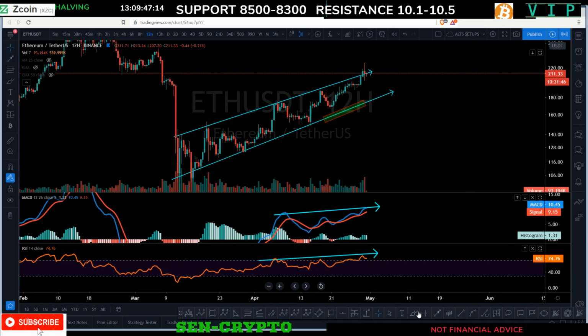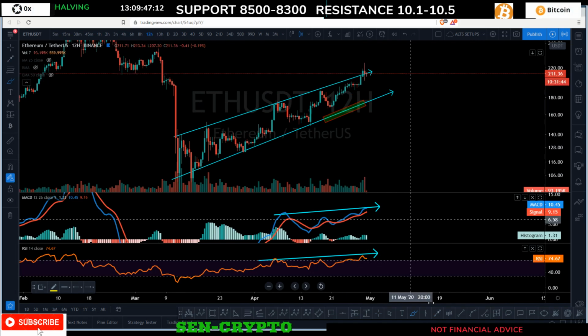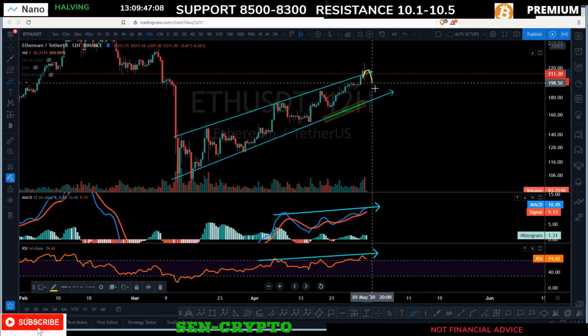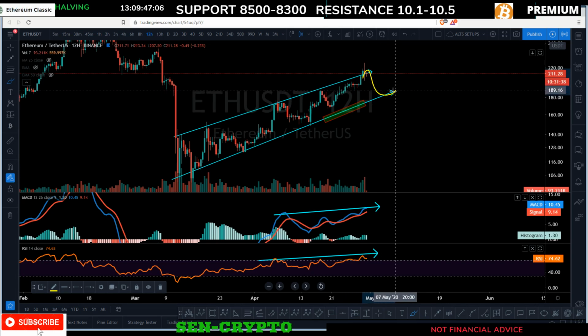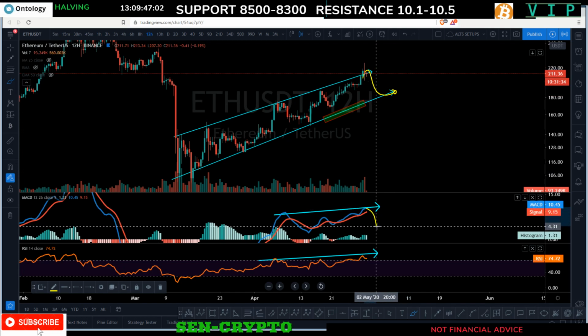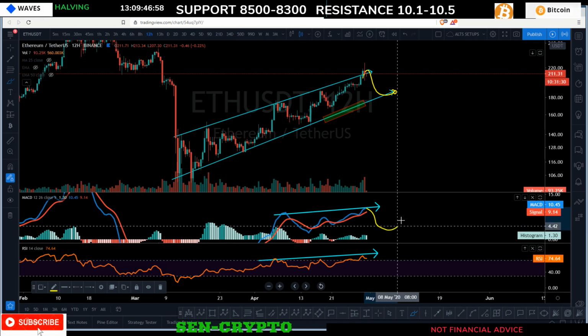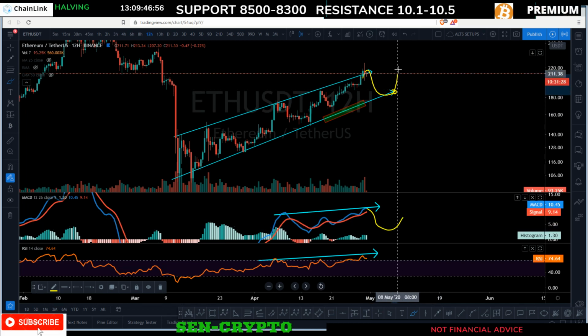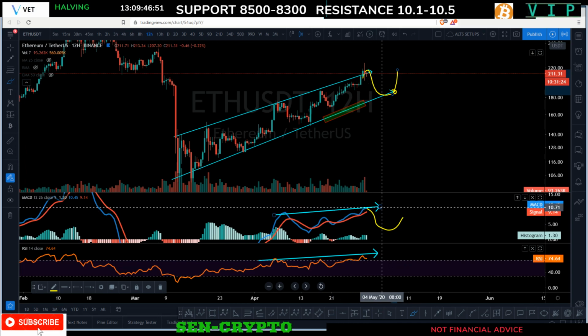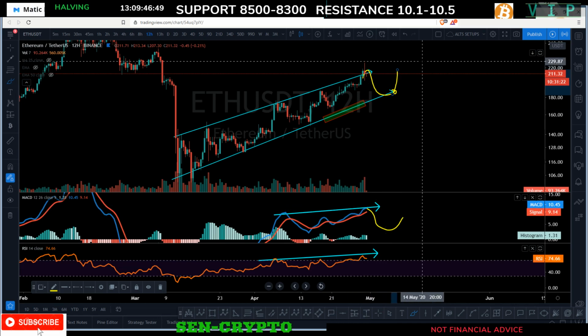If we dip down on Ethereum, and you don't want to trade Ethereum in terms of wave analysis, all you can do is expect another retest of this trend line. If we retest this trend line, MACD is most likely going to cross over and we're going to get another push to the upside. Most likely it is going to push back up, but you don't want your MACD to make another high. That's going to be very, very bullish, right? So let's keep that in mind.